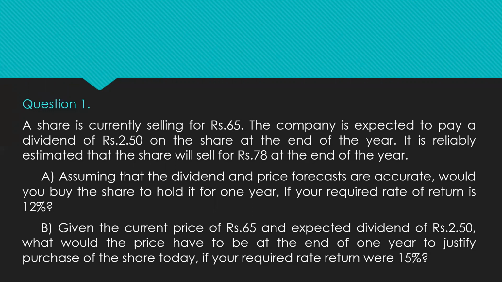So we have to find the S1 value. Your rate of return, or K value, is 15%, or 0.15. D1 value is 2.50. The intrinsic value is taken as 65 because the current price is 65. Then what is going to be the price that you are going to sell it for?